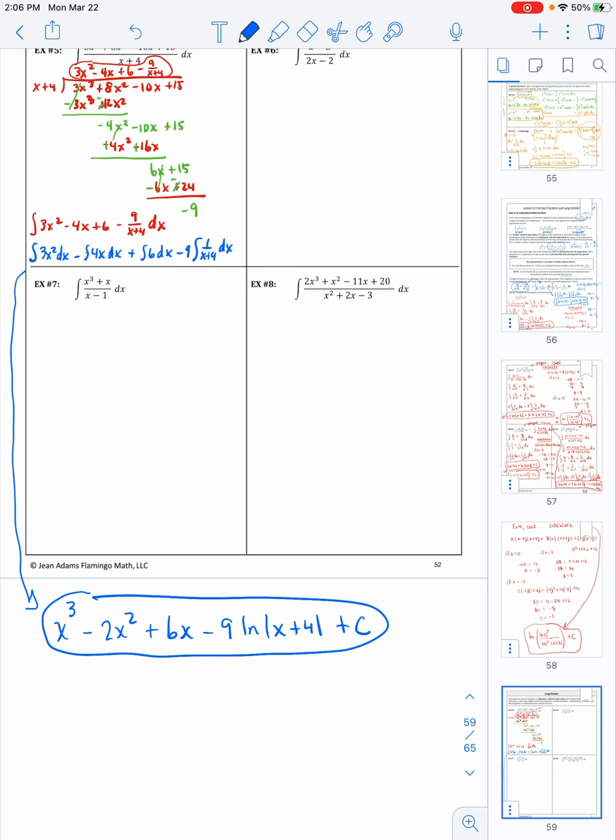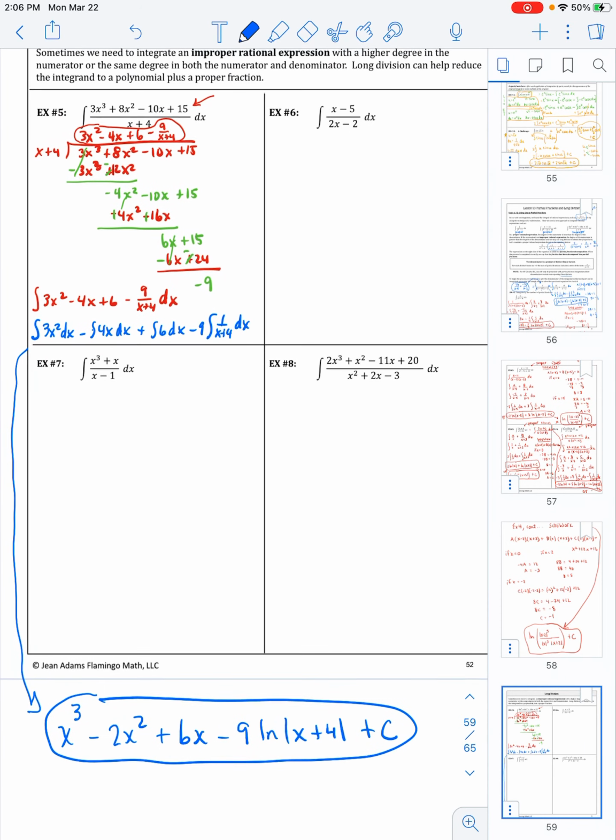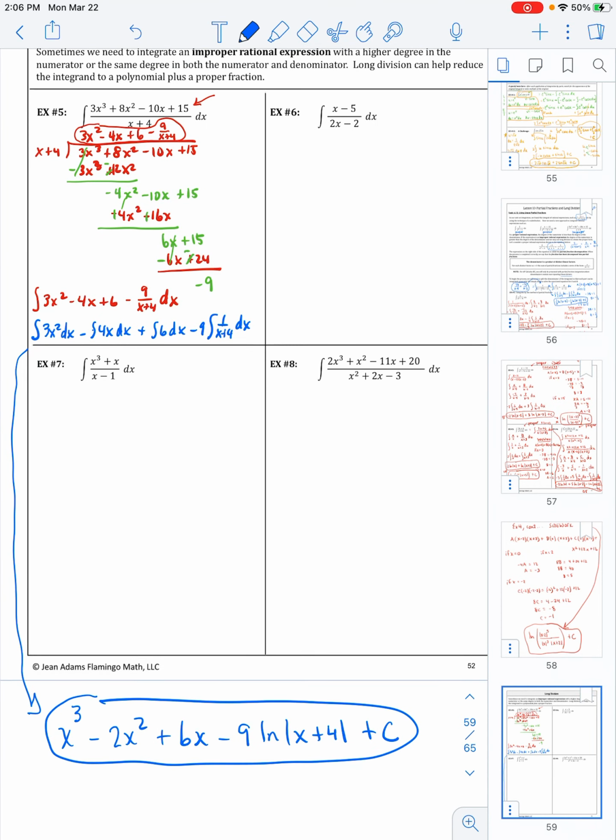I just wasn't able to finish the whole thing, but that is it finished. So basically you're doing that long division to get the equivalency, and once you've done that, then it's nice, easy integration.